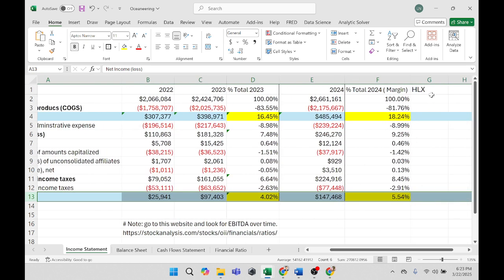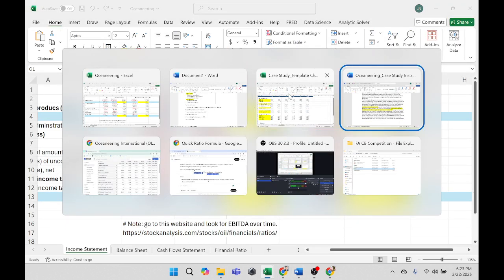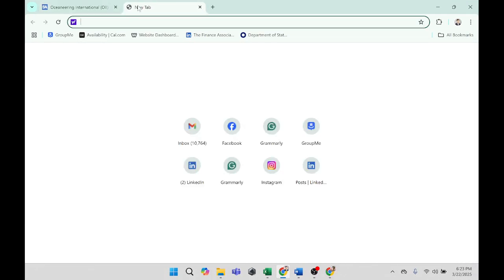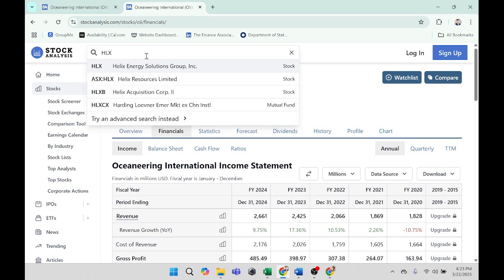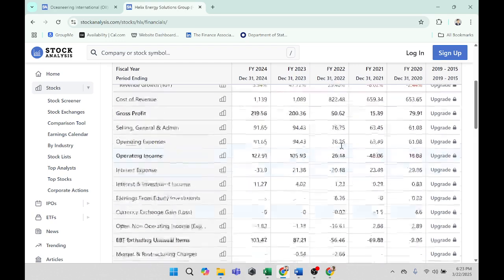Okay, so HLX, keep in mind, I would go back to the website. You don't have to compute another Excel sheet for that company. I would say the quick way for you to do it is going to the same website, but this time hit HLX, right? So this is the company.